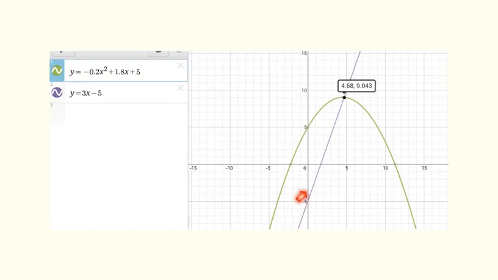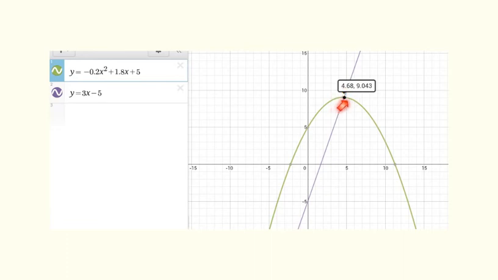So you can see that this is the revenue, which keeps increasing until it falls down again after the value of close to 4.68. But what you do notice here is that they're breaking even at this black point right here at 4.68.